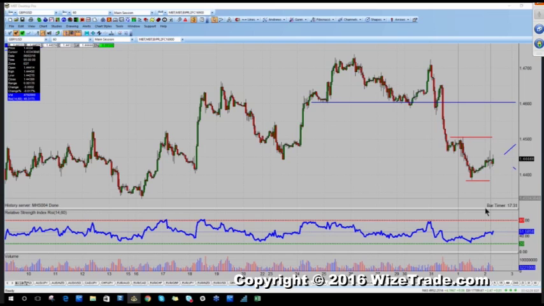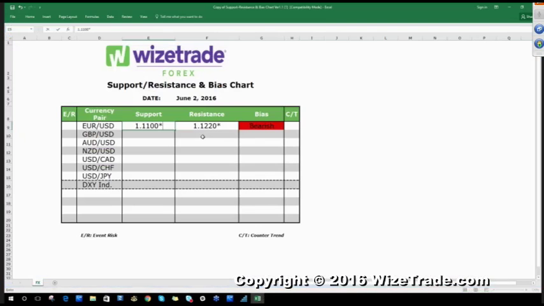I'll cover the ECB decision, but this is all minor. Don't get too wrapped up in these support and resistance levels with the cable right now. We are in a range for sure.